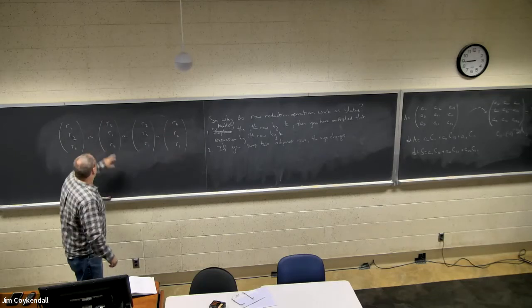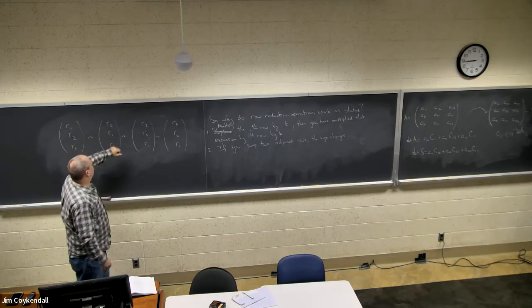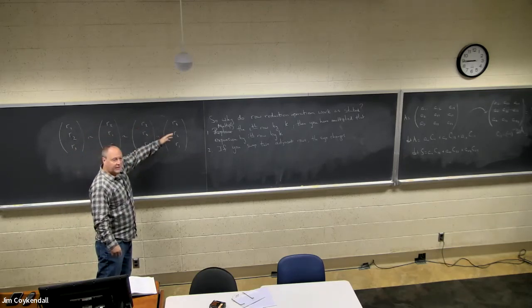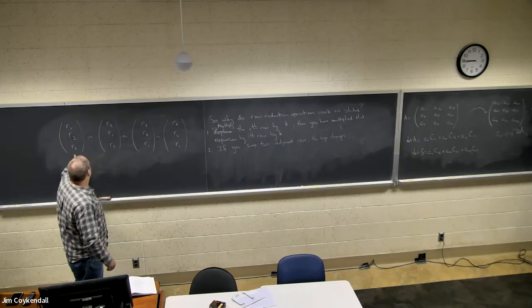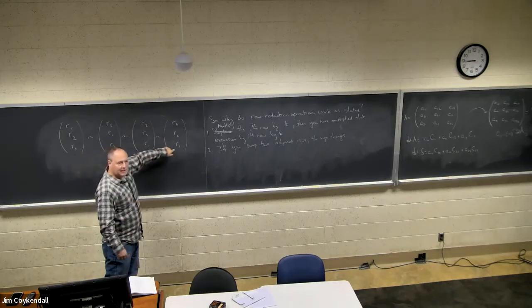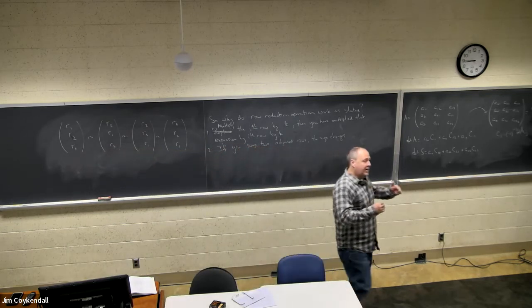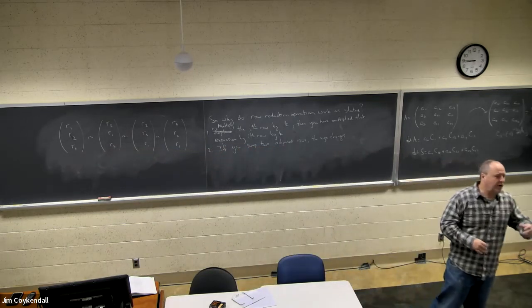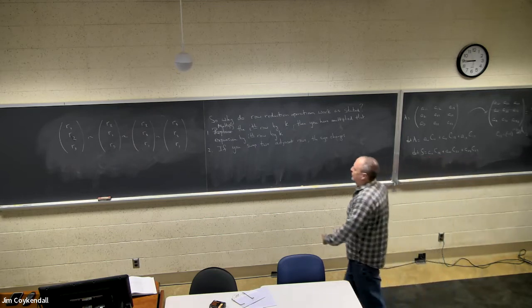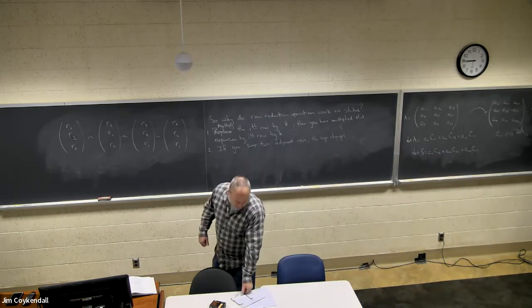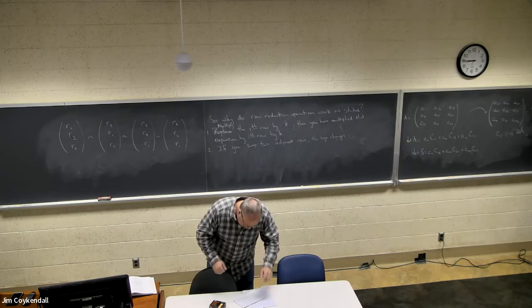Swapping these two that were next to each other and these two that were next to each other, so -1, +1, -1. In fact, you can show that if you swap any pair of rows, you have to do an odd number of exchanges to do it. Okay, any questions?